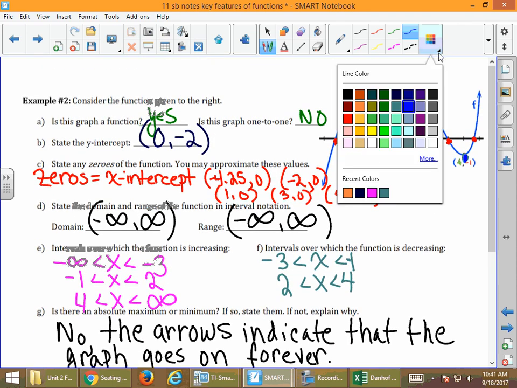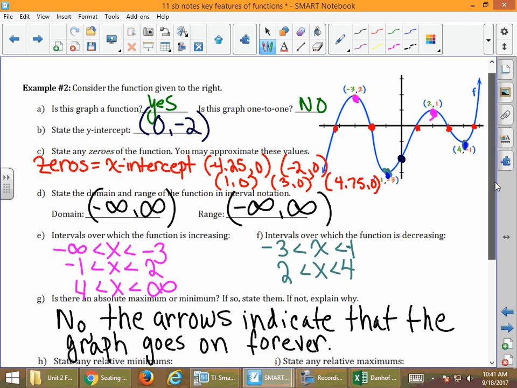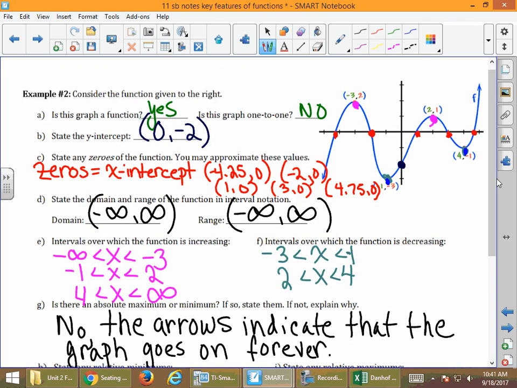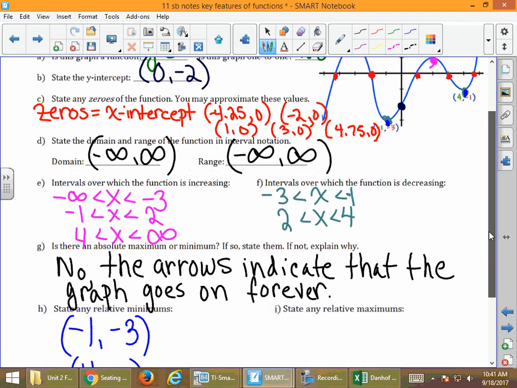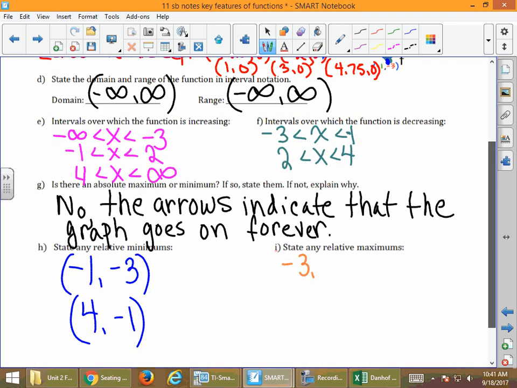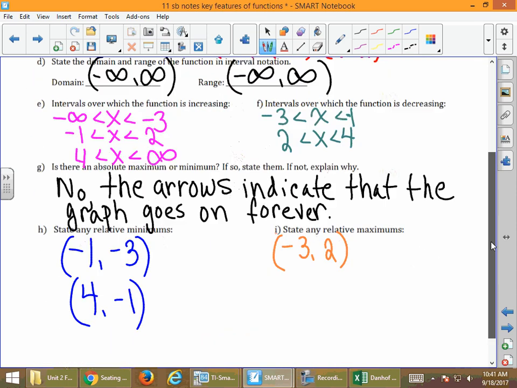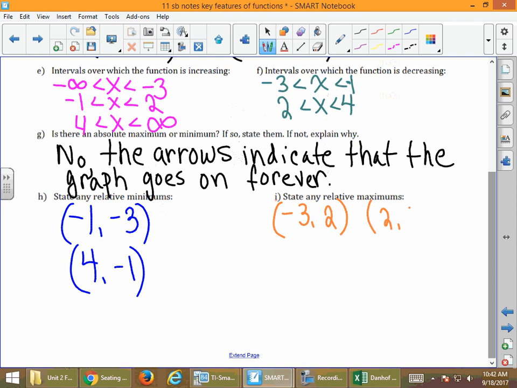Once we identify those values, we need to finish by identifying any relative maximums. And our relative maximums both happen to be at the purple points here, which are -3, 2. They're at peaks on the graph, and 2, 1.